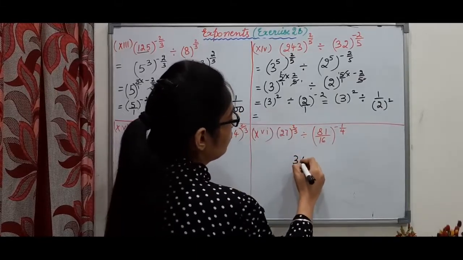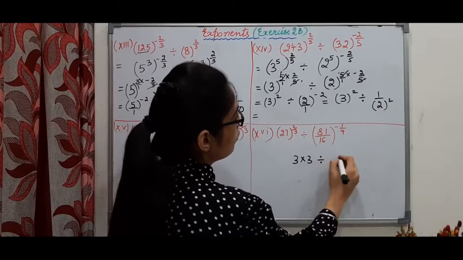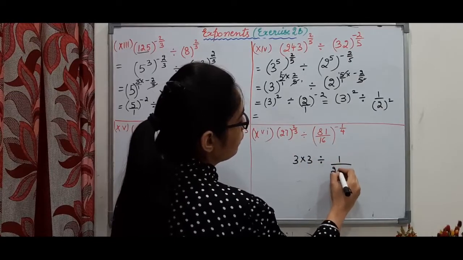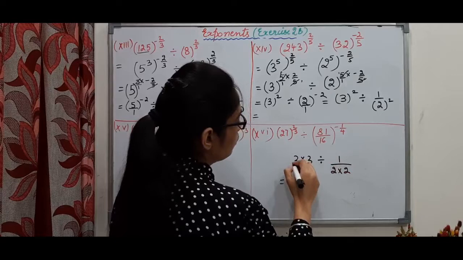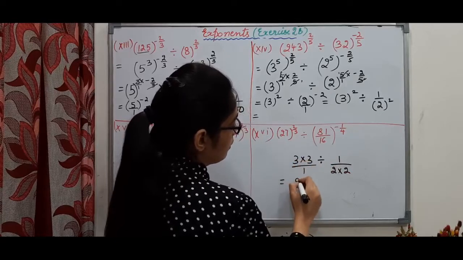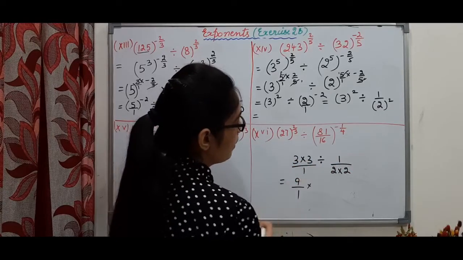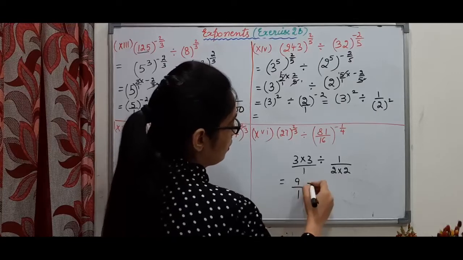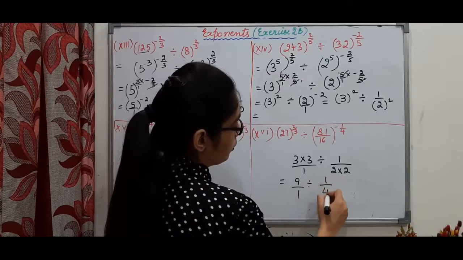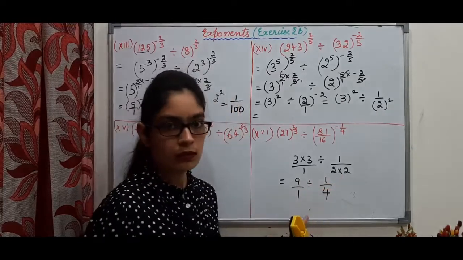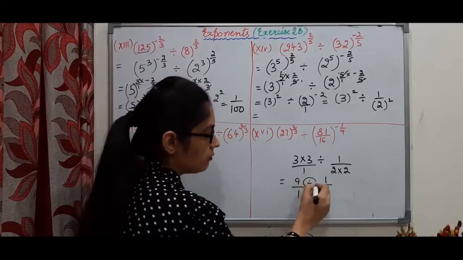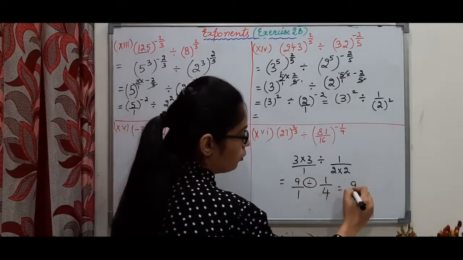3 into 3 divided by 1 upon 2 into 2. So 3 into 3 is 9, so 9 by 1 divided by 1 by 4. Now these are two fractions, so this division sign we change into multiplication.